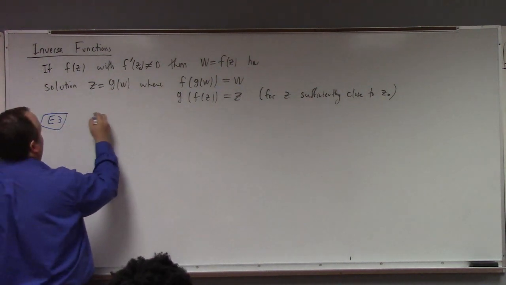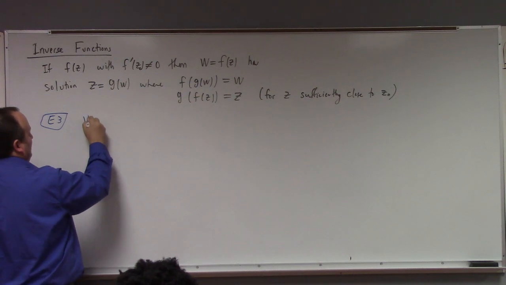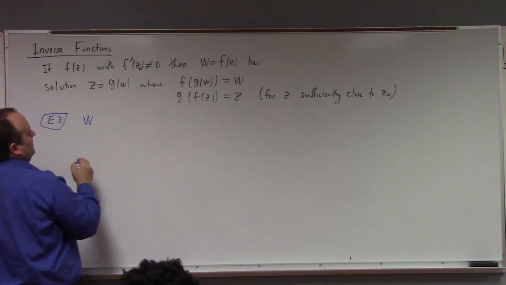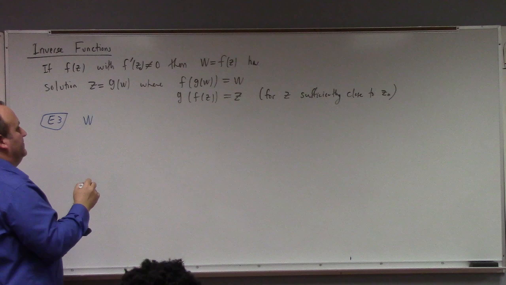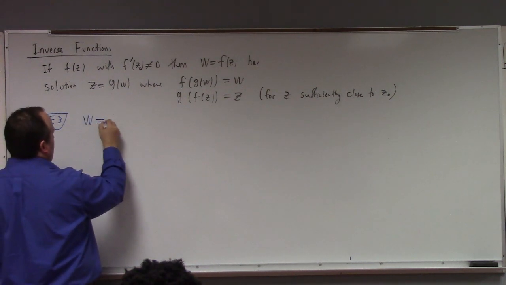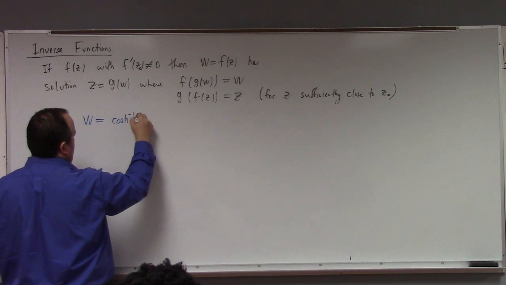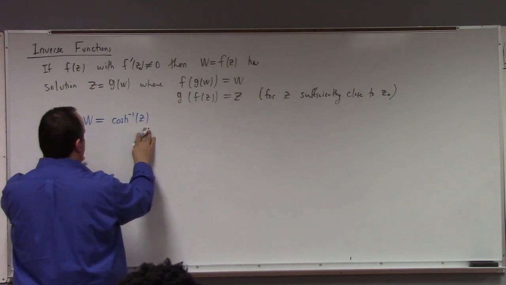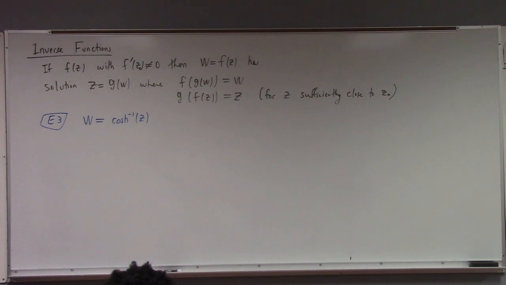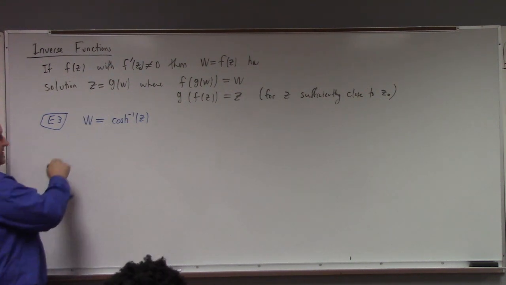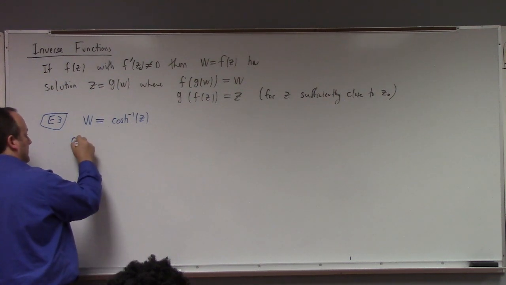All right, so I want to look at w equals inverse hyperbolic cosine of z. I'm trying to find the derivative of this. The first thing I do is take cosh of both sides.